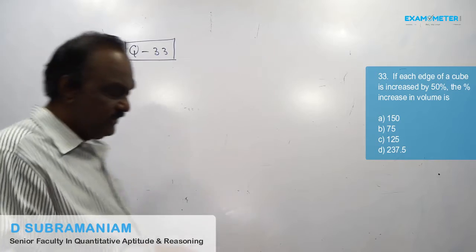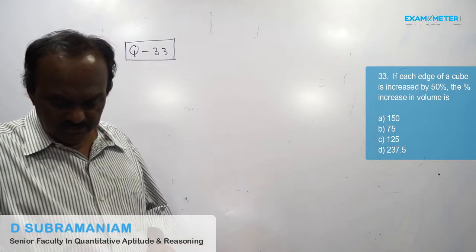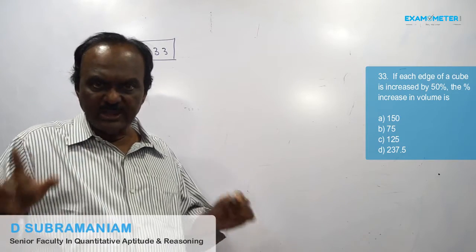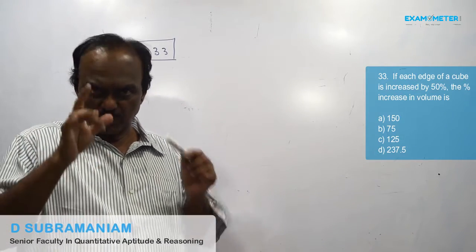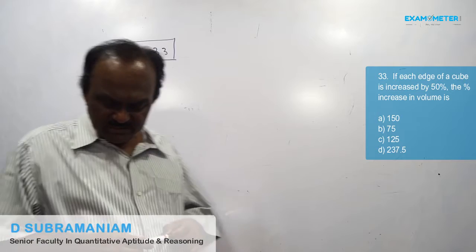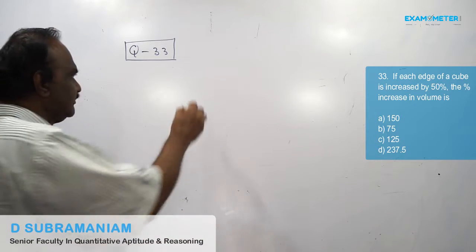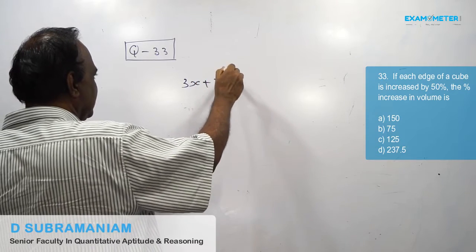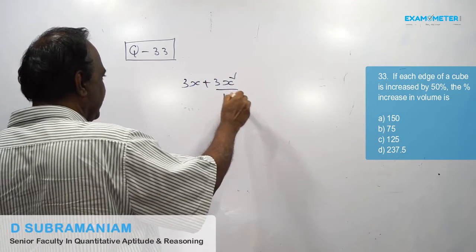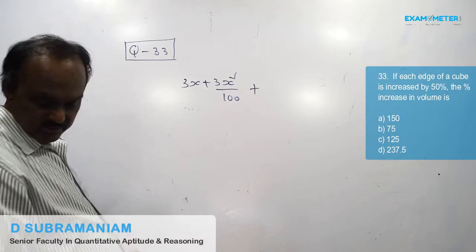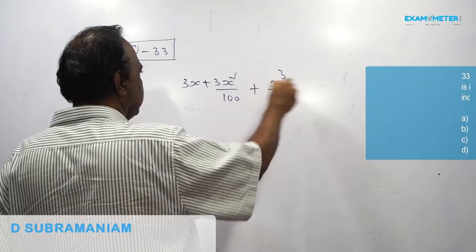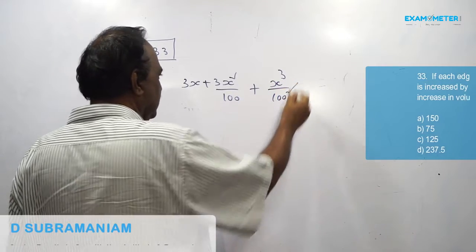They are asking percentage increase in volume. So percentage increase in volume is equal to 3x plus 3x square by 100 plus x cube by 100 square.